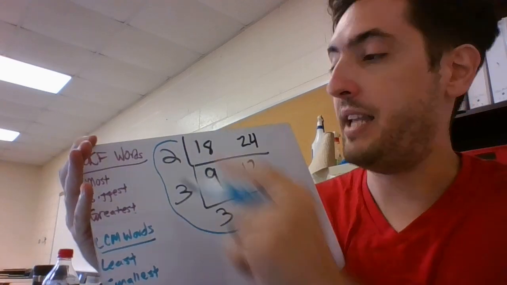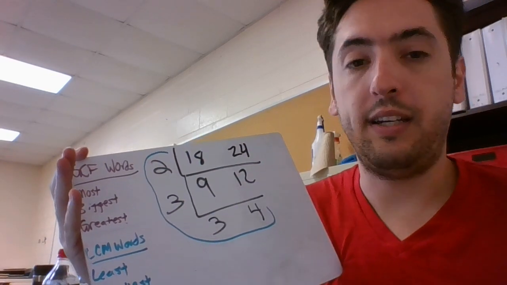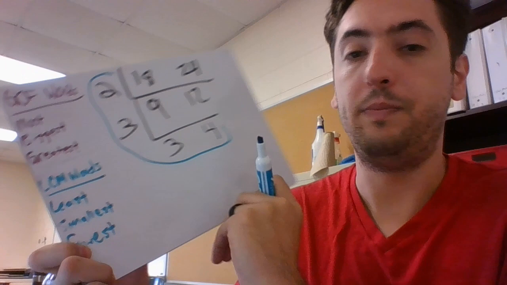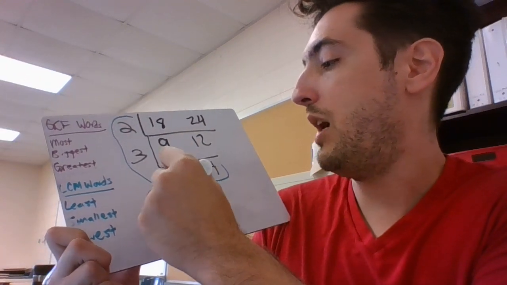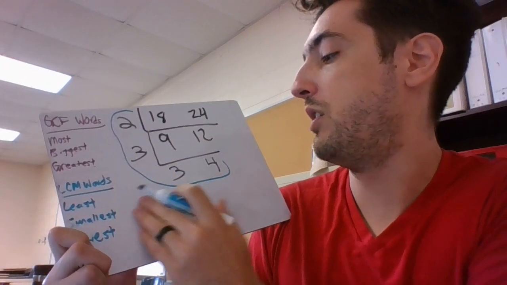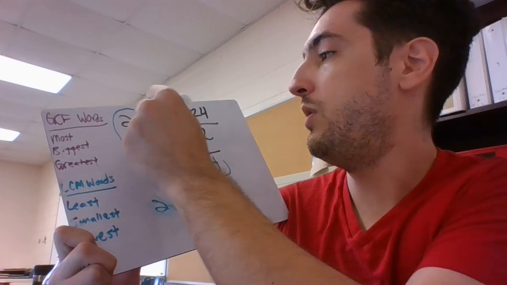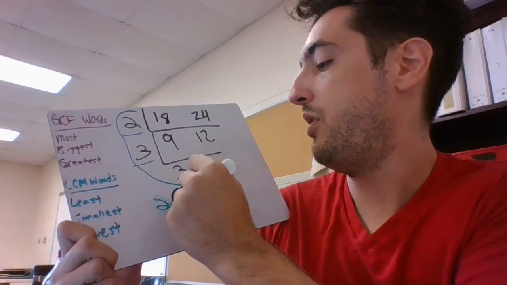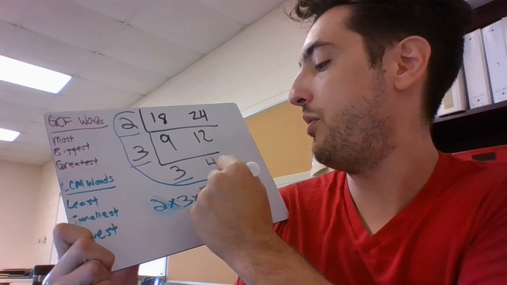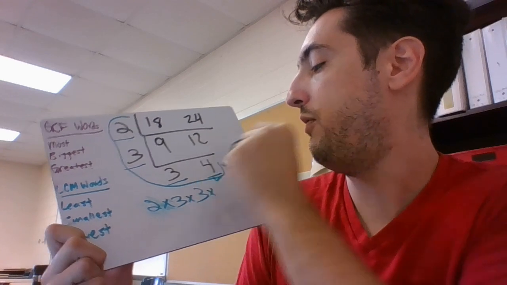You see it kind of makes an L shape. So always think L for least common multiple. And so I'm going to say 2 times 3 times 3 times 4.